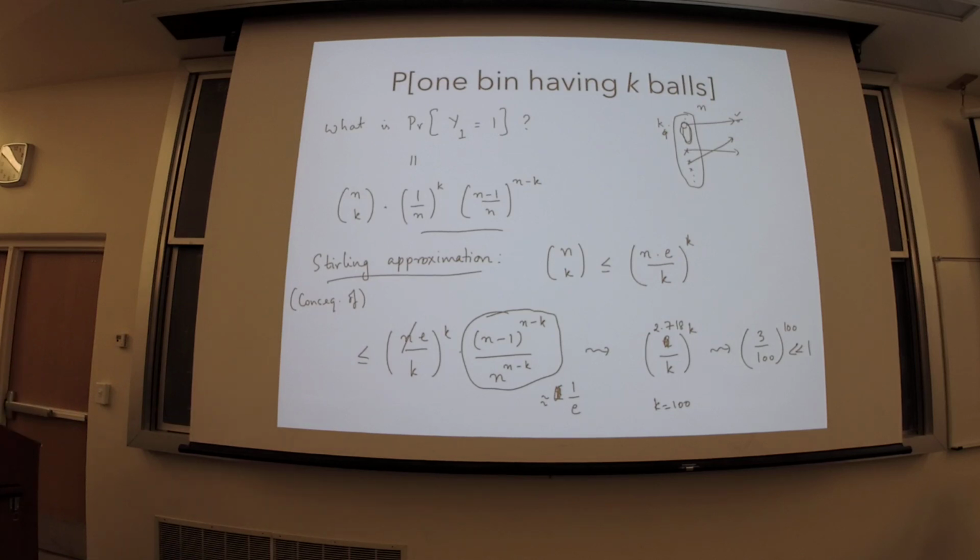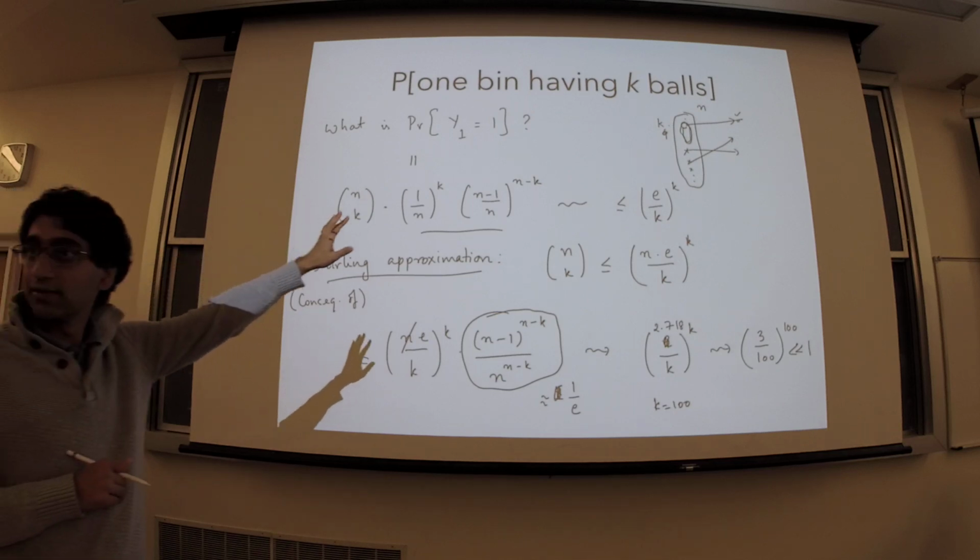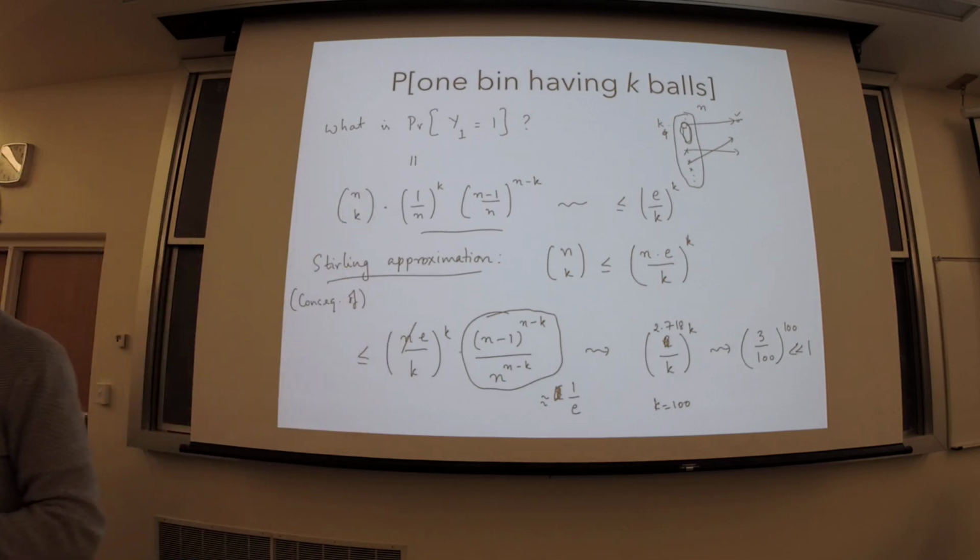Any questions about what we've done? Just assume that the Stirling approximation holds and these calculations work out. The message is that this probability goes down as something like (e divided by k) whole power k. That's what you need to understand. Do we have to assume that k is pretty small for these approximations?